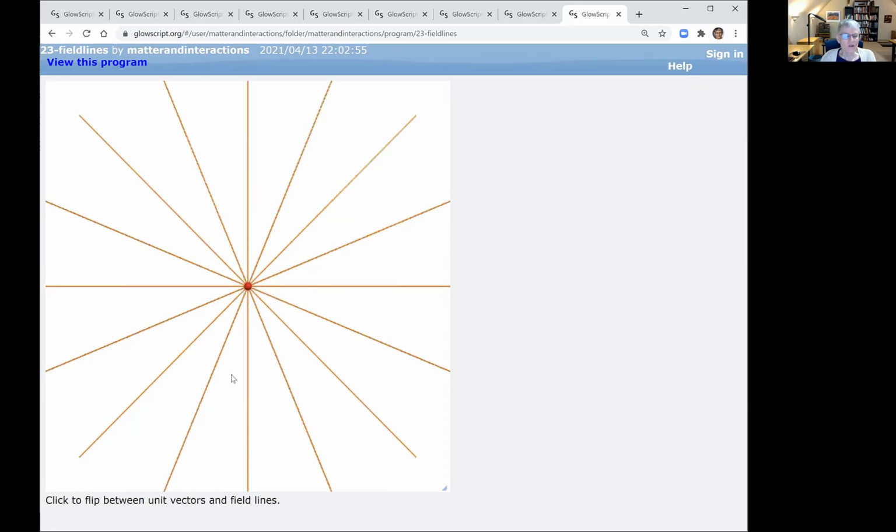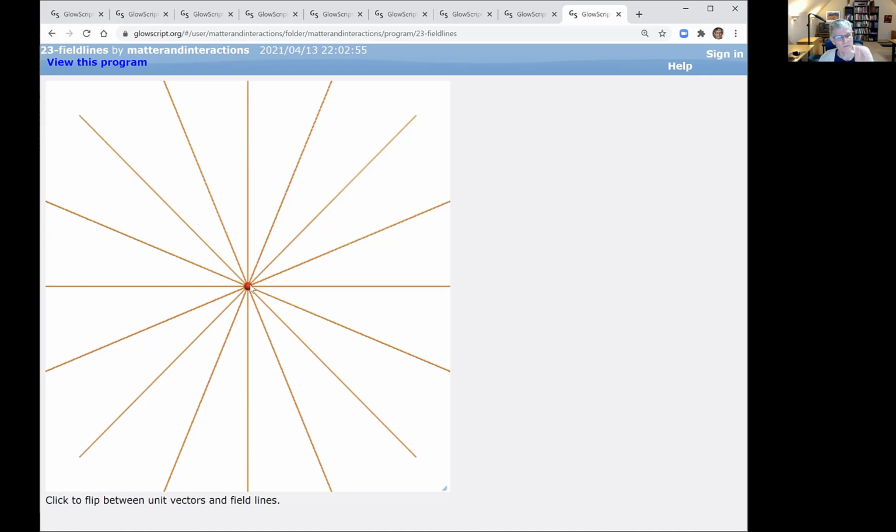Well, to make field lines, all we do is connect the vectors. Okay, so that's a field line. Now, there's a lot of information that's lost when you have a field line. You've not only lost magnitude information, although there's some information on how close the lines are together, but you've lost direction.